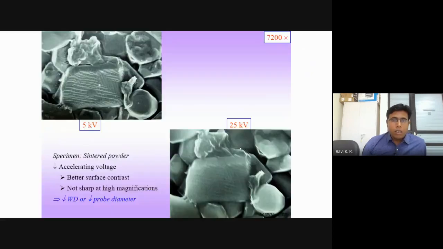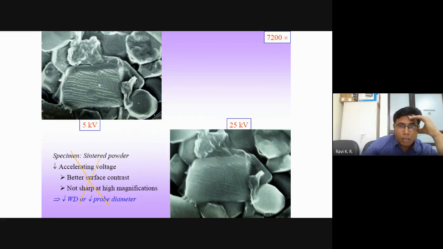Okay. Now, if you look at this particular image, when you change from 5 kV to 25 kV, what you see is there hasn't been much difference. We are changing the kV, but if you look at the image resolution, we don't see much change. Okay, this is a generalized statement.